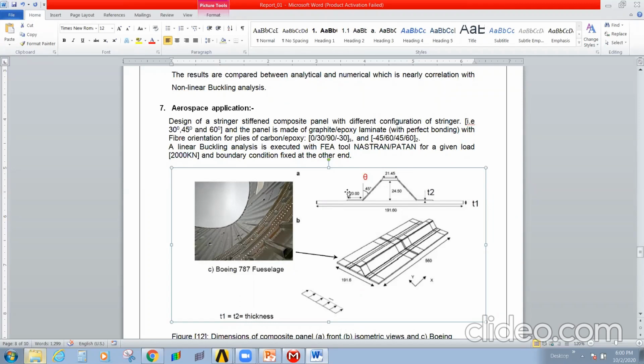Nowadays, this is made of composite material, that is, you can say carbon epoxy or CFRP, what we typically call carbon fiber reinforced polymer.